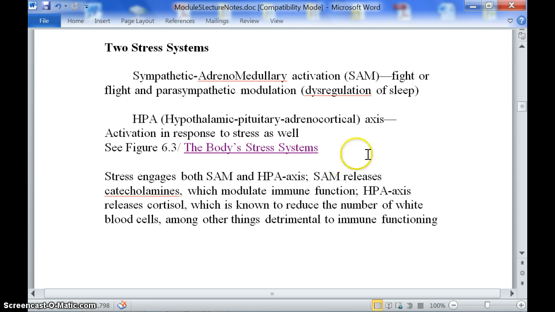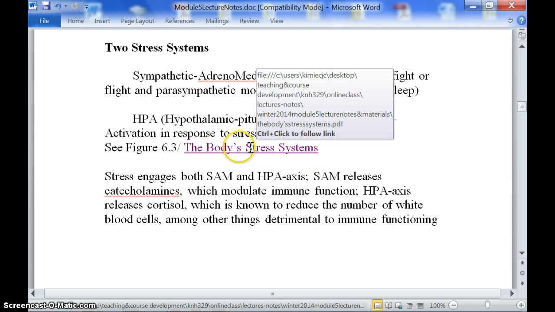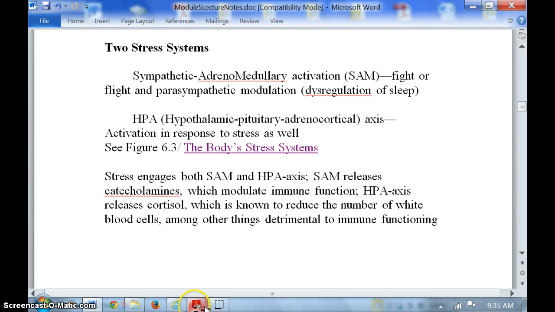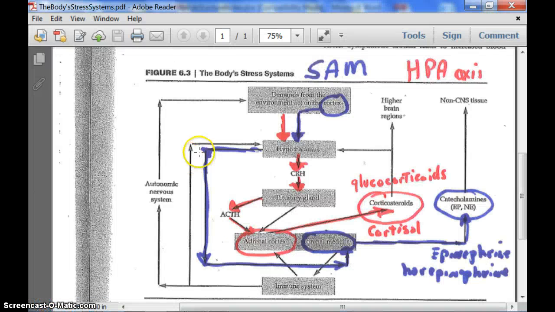So these two systems are related to stress, and you can see how the body's stress systems work: the SAM, the sympathetic, I have in blue, and the HPA axis I have in red.